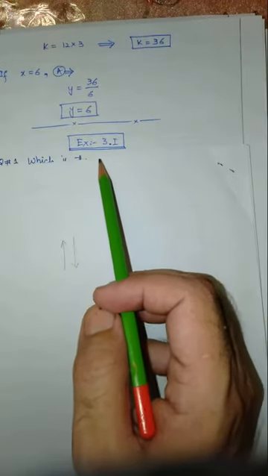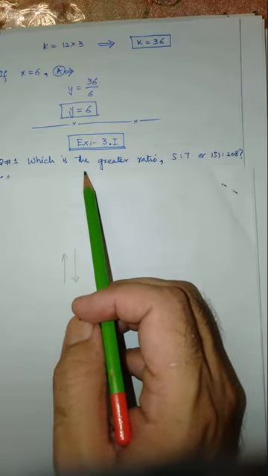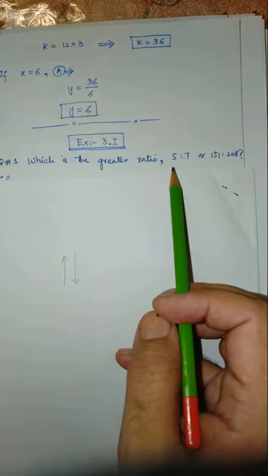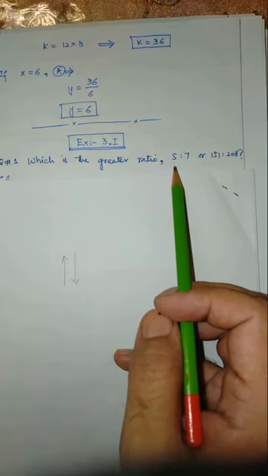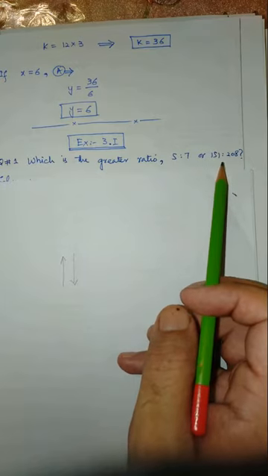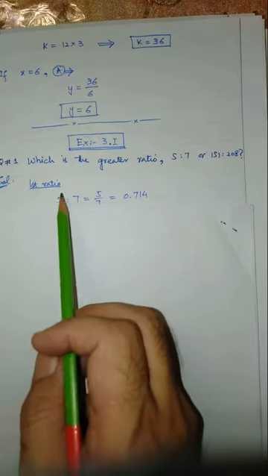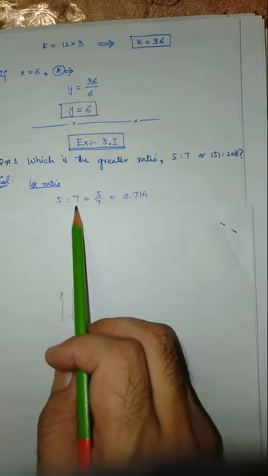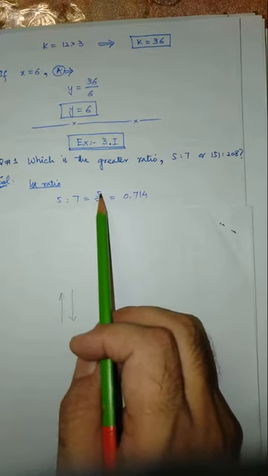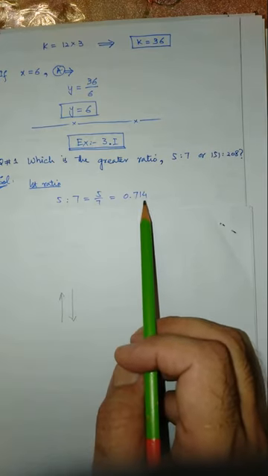Now exercise 3.1. Question number 1 is given. Which is the greater ratio? Two ratios are given. One ratio is 5:7 and the other is 151:208. Now the solution. The first ratio is 5:7, so we can write 5 by 7. If we divide 5 by 7, this is equal to 0.714.